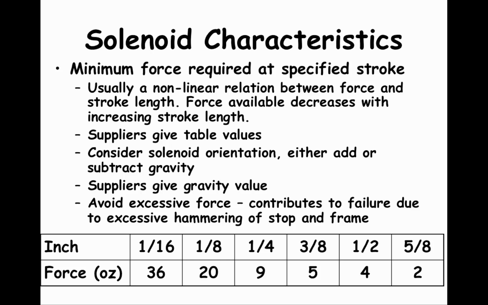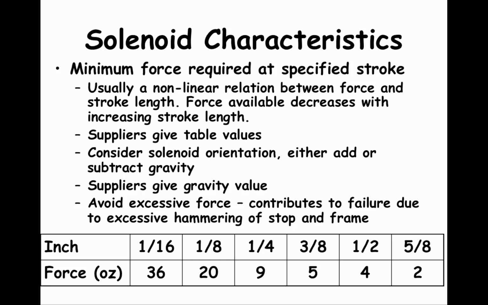Previously, we mentioned that gravity can help return the plunger to its de-energized position if the solenoid is mounted vertically. So it is important to consider solenoid orientation with respect to gravity when determining the amount of force needed.